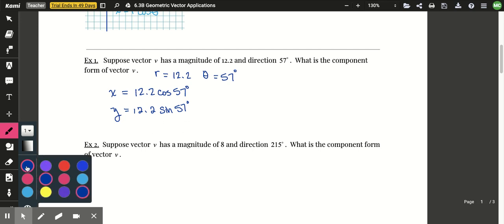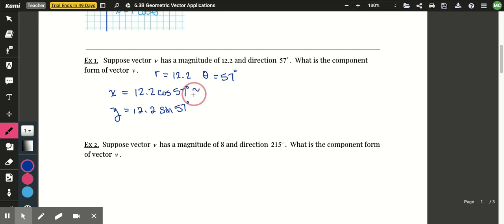My calculator says that that is approximately equal to 6.645. We're going to round to 3 decimal places. And for 12.2 sine of 57 degrees, well, that would be 10.232.